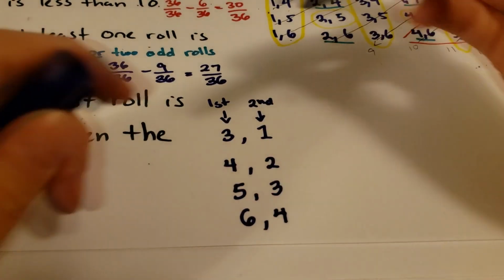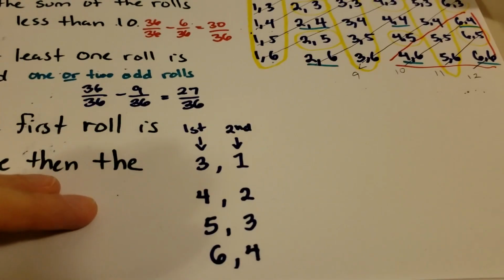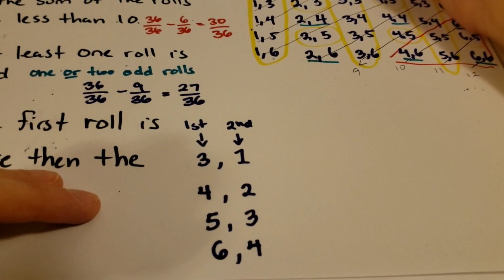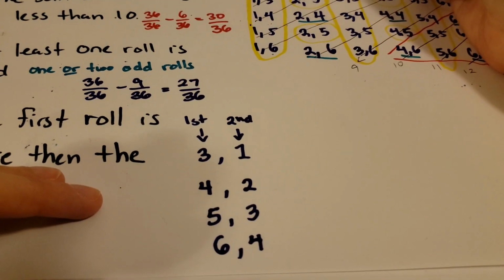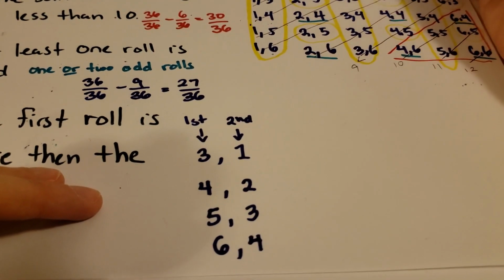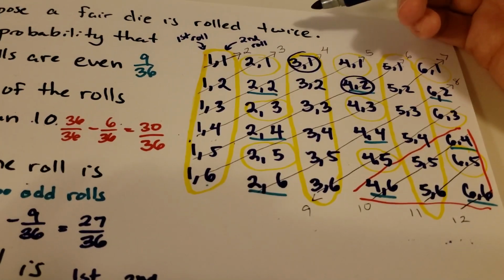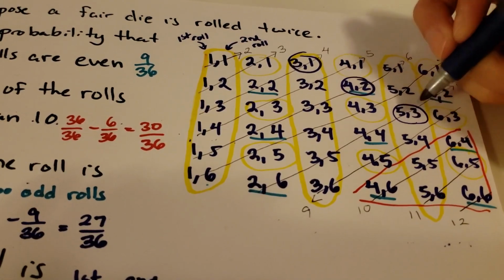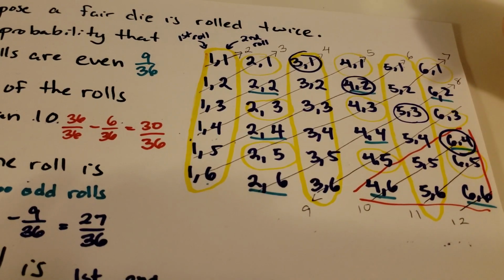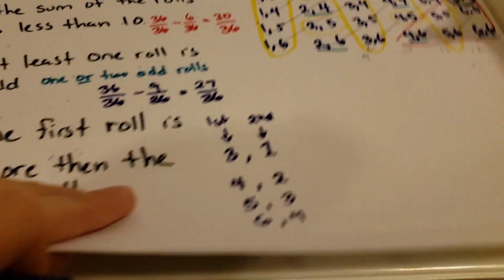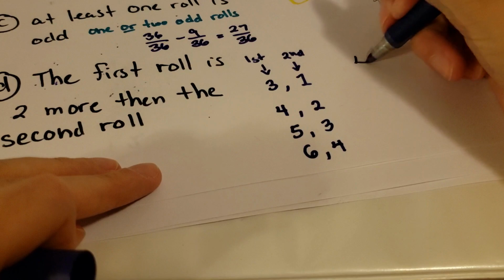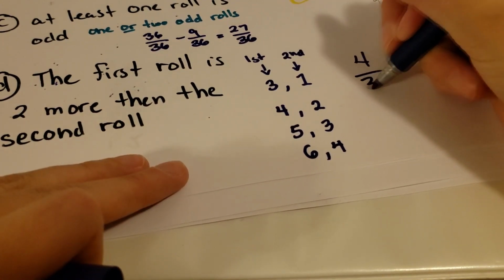So now if we go back here and see how many possibilities there are, we had 3 and 1, 4 and 2, 5 and 3, and 6 and 4. So this was 4 distinct possibilities. So this probability ended up being 4 out of 36.